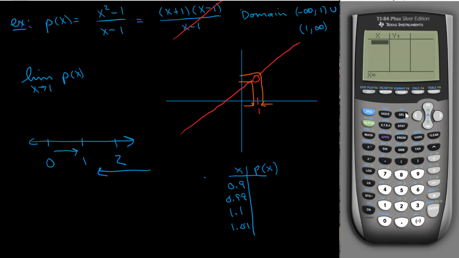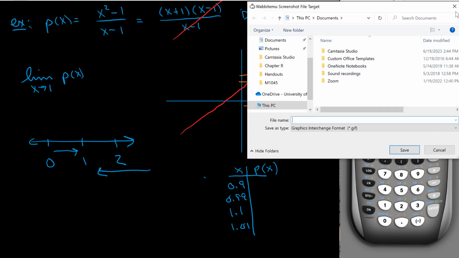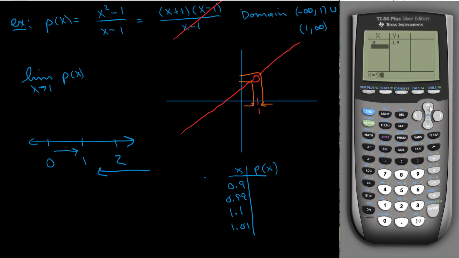Okay, so using the numbers I've indicated on my table in the lower right corner of the screen, I'm going to use the 0.9, enter, do 0.99, so I have my values there.